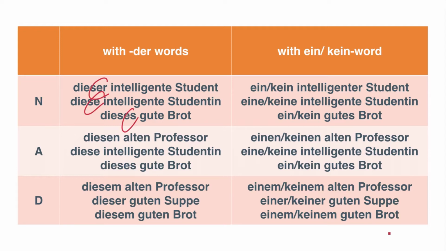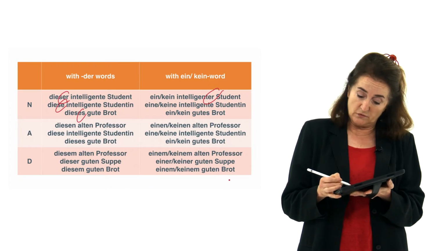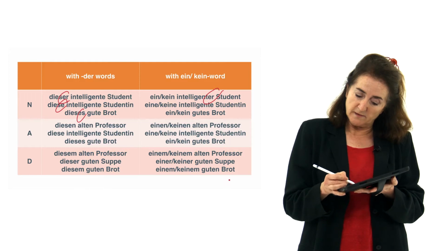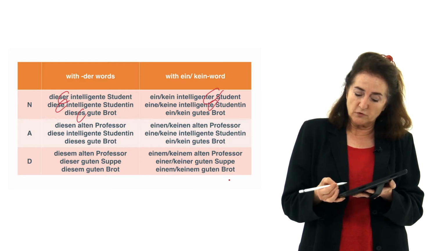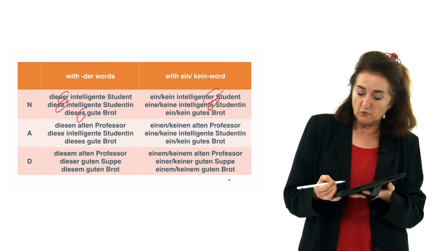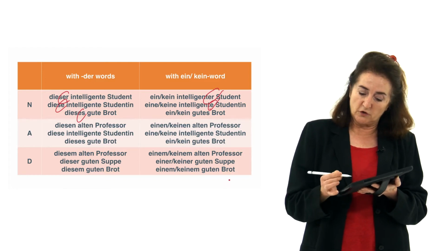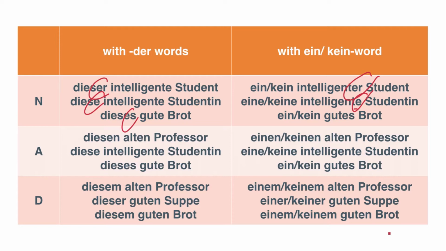And look at the right side for ein and kein words. The same thing is said, ein intelligenter Student. Yes, we have to say it's masculine and nominative. So ER, and keine, no intelligent female student, which I can't quite believe, but only an E ending for feminine. And gutes Brot, es gibt sehr viel gutes Brot in Deutschland, lots of good bread to be had in Germany. The S ending for neuter.